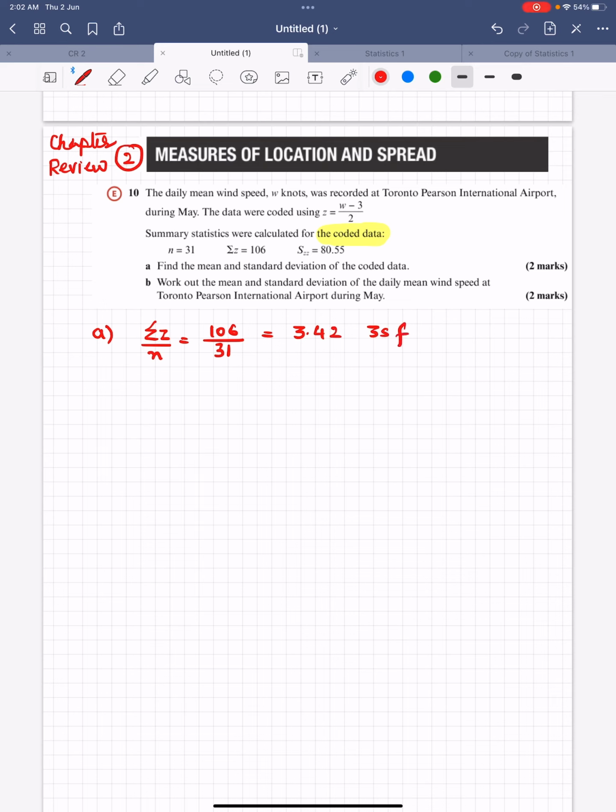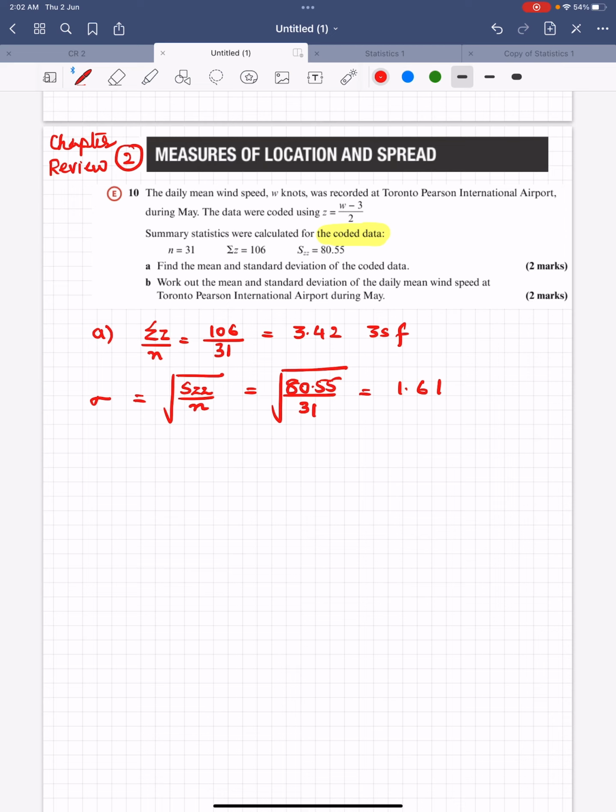And the standard deviation, we have the formula, which is SZZ divided by n. So SZZ is given as 80.55 divided by 31, which is n, and that is equal to 1.61. And that answers part A.